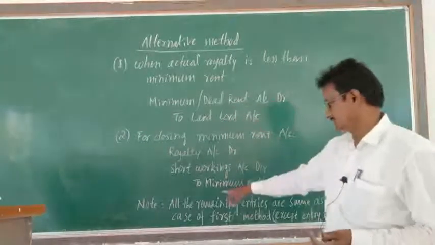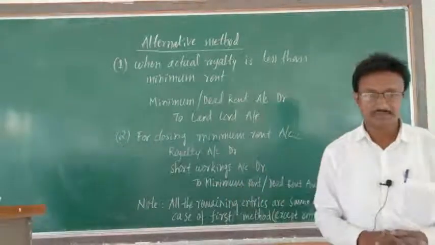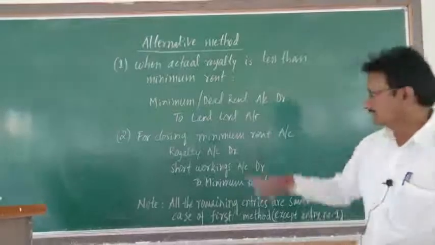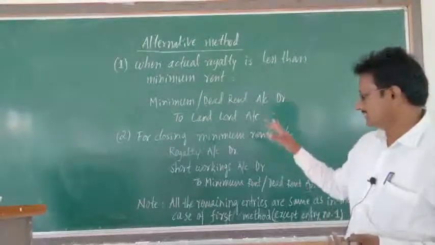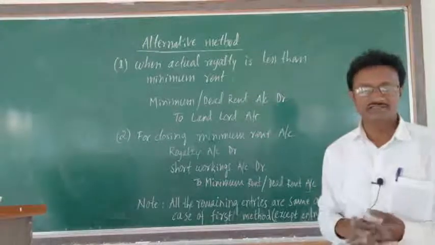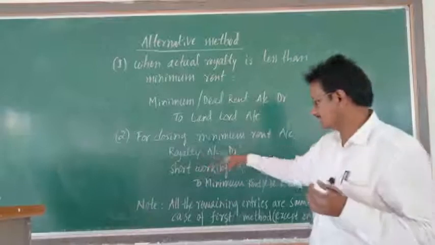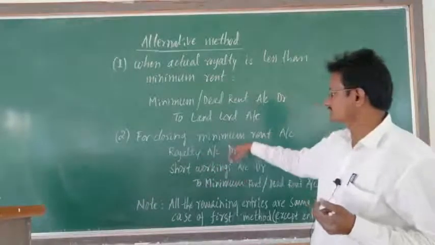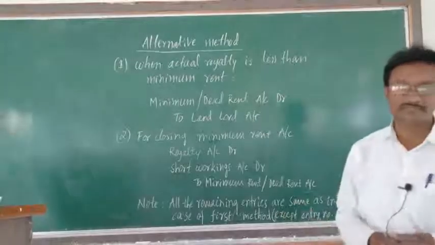In the next entry, minimum rent account is credited. So by giving debit and credit to minimum rent account, it gets cancelled, and the remaining entry is royalty account debit, short workings account debit to landlord account, as in the case of the first method.